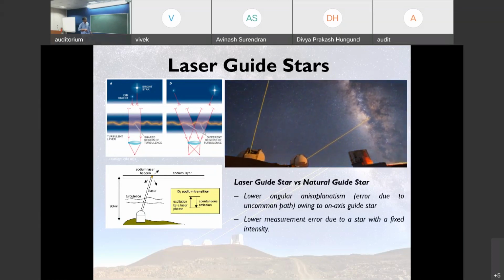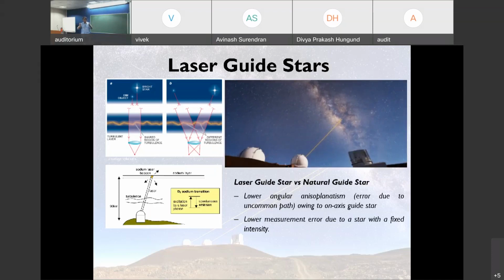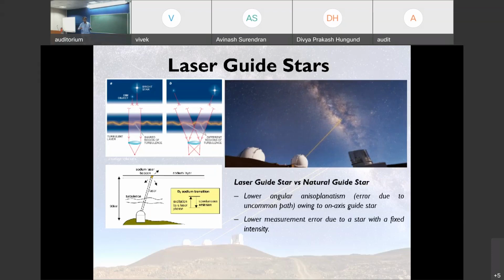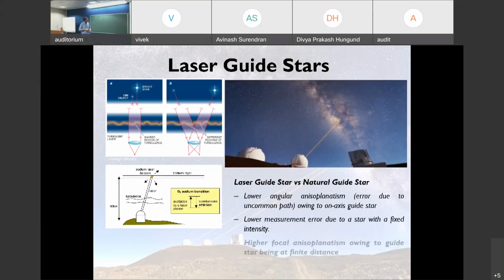Measurement error is due to the lower signal to noise ratio in the Shack-Hartmann wavefront sensor. If the camera has a smaller amount of light on the wavefront sensor, the accuracy with which the centroids are computed also reduces. And that adds to the error in the measurement of the centroids itself.